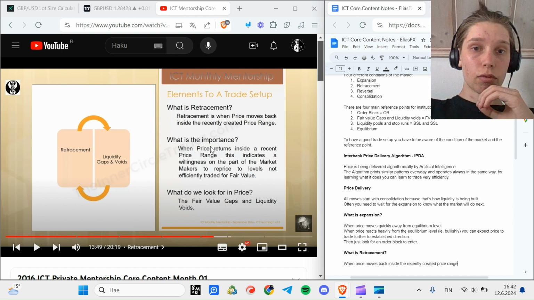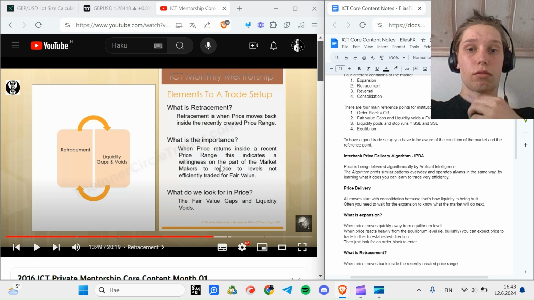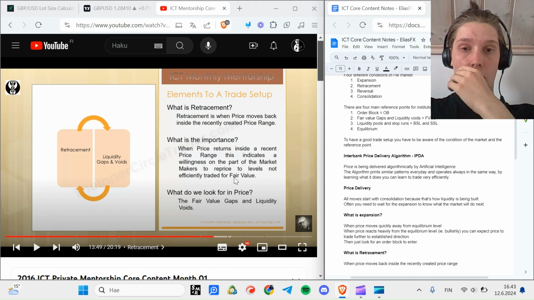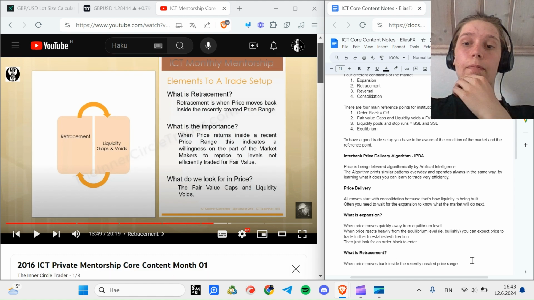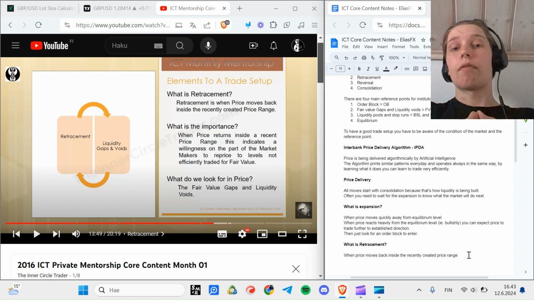What is the importance? When price returns inside a recent price range, this indicates unwillingness on the part of the market makers to reprice to levels not efficiently traded to fair value. So basically market makers want to give fair value.